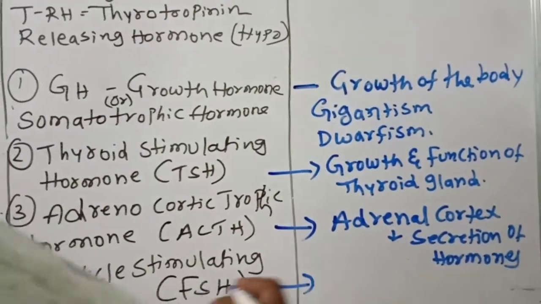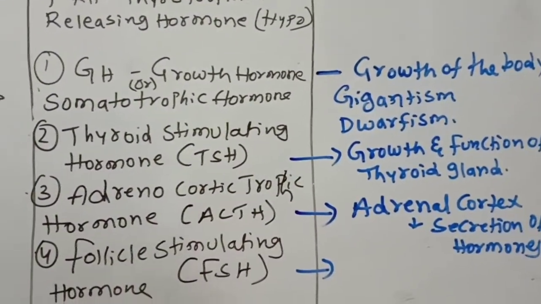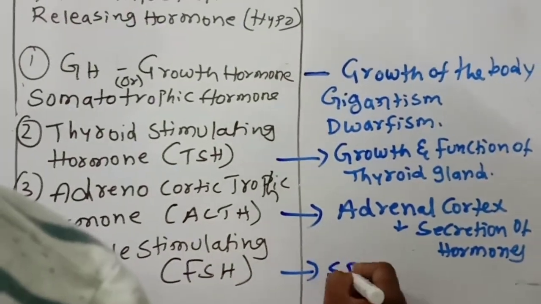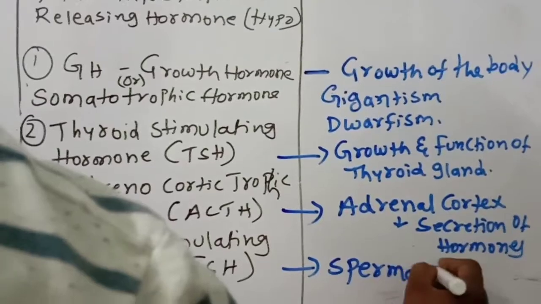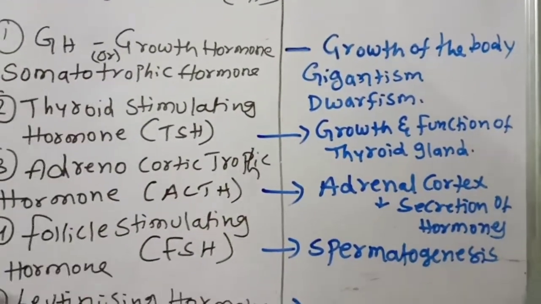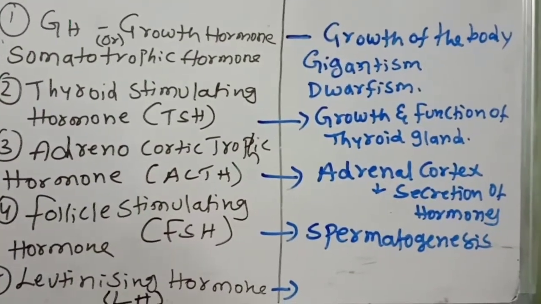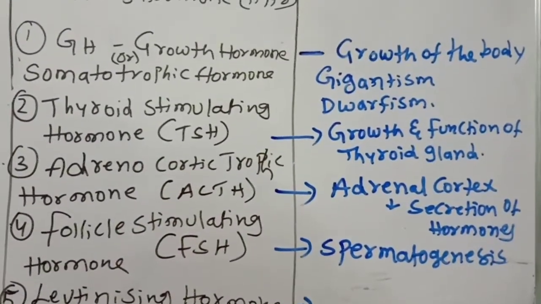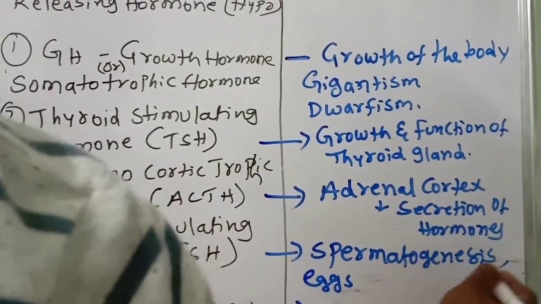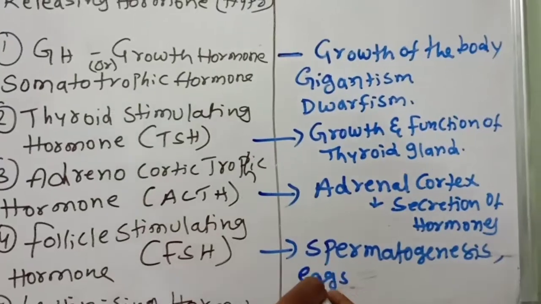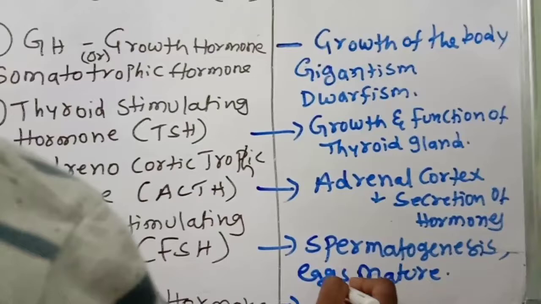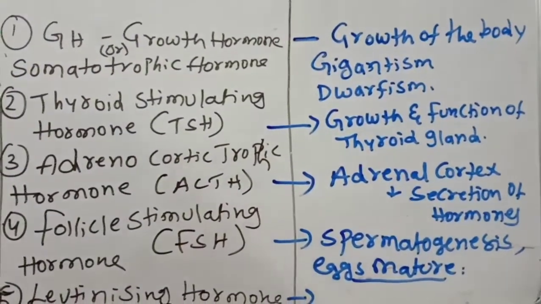Next one, follicle stimulating hormone. It is helpful for spermatogenesis, the production of sperm. It is not only spermatogenesis; in females also, eggs mature because of this hormone, follicle stimulating hormone.